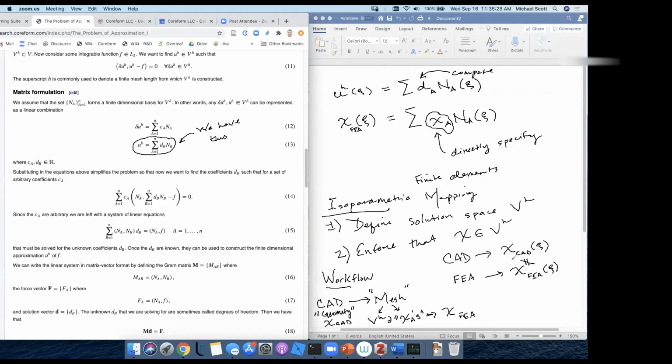What normally happens to this X FEA? In what ways is it not equal to the geometry coming from the CAD? Well, in 3D problems, CAD's only a boundary representation where you need a volumetric mesh. Okay. Yeah, so this guy's what I would call fit for purpose for design.